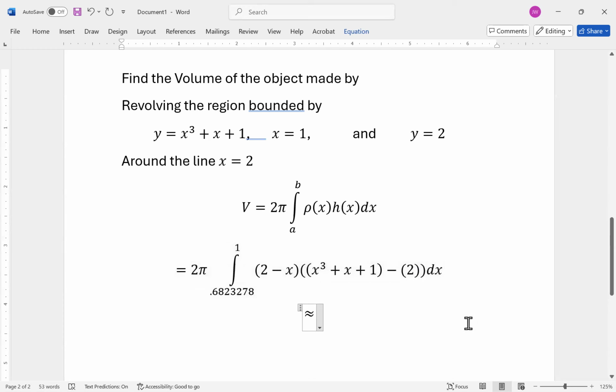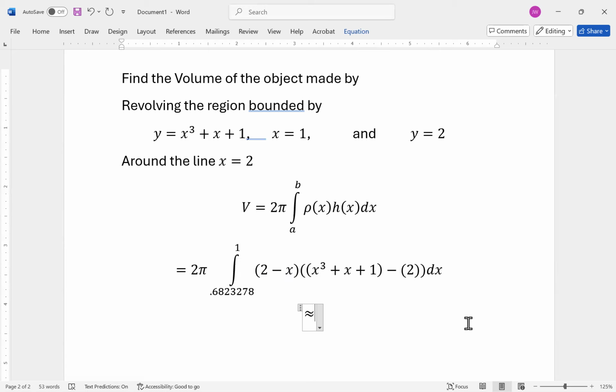But for my courses, generally speaking, approximate answers rounded to a couple of decimal places are just fine. So I type that into my calculator. It takes me a minute to type that in, but that's fine.